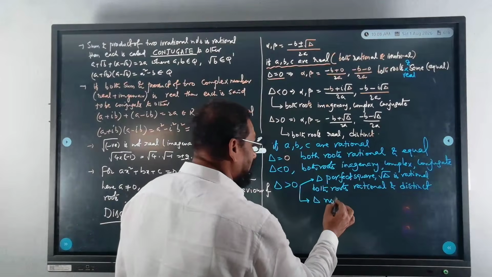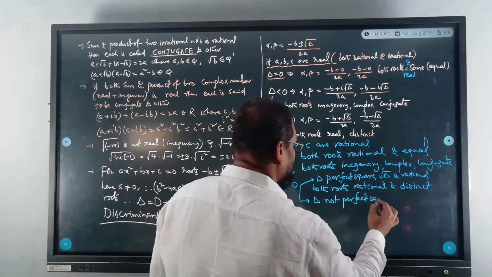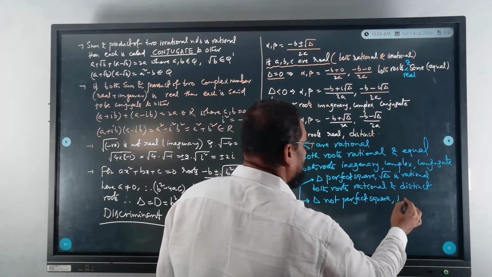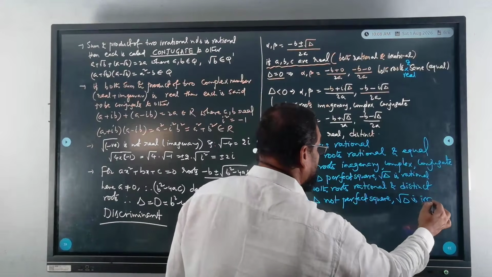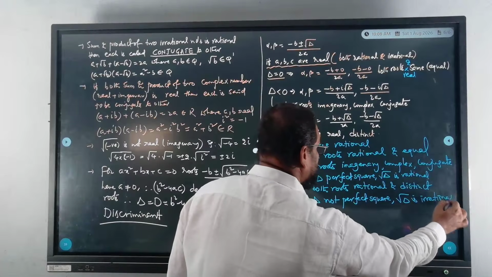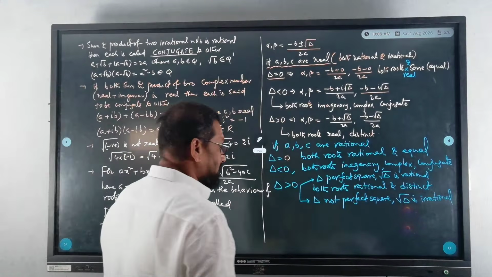Delta not perfect square: then root delta is irrational, square root does not exist as a rational. So square root is irrational.